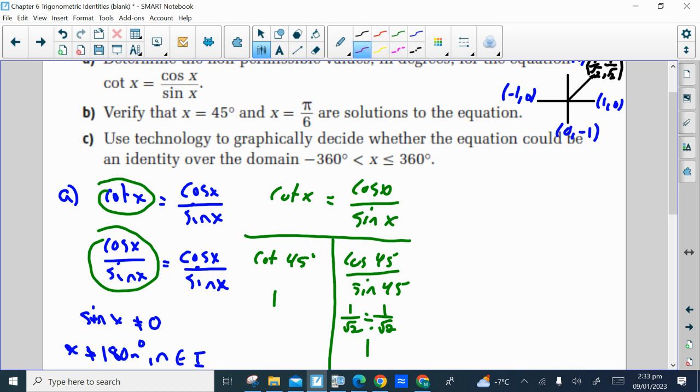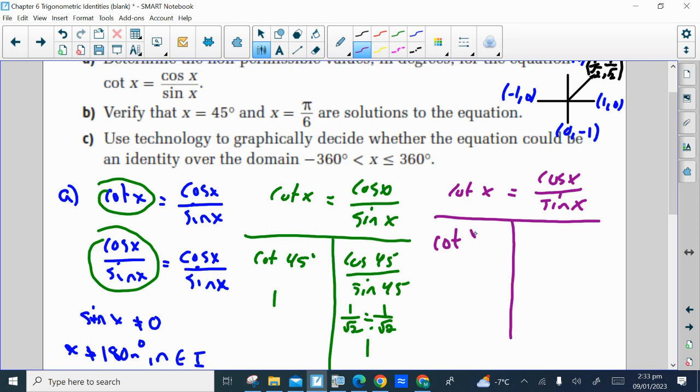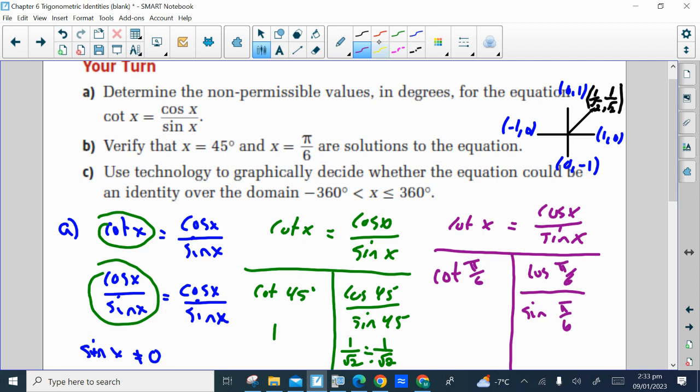Now we also want to see the same thing for x being pi on 6 radians. And so at pi on 6, I kind of don't have room on this unit circle up here, so let's just write it here.